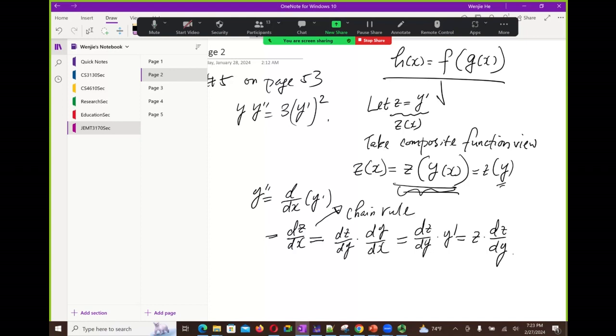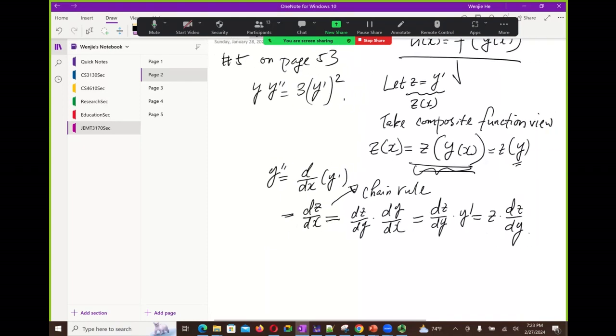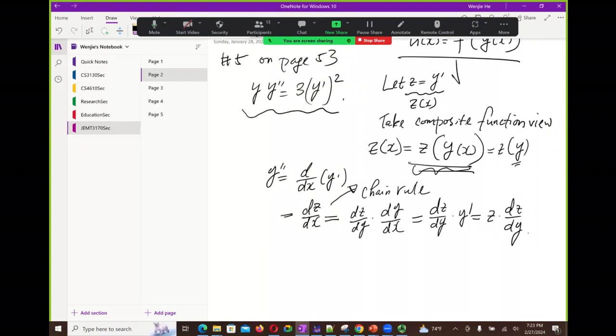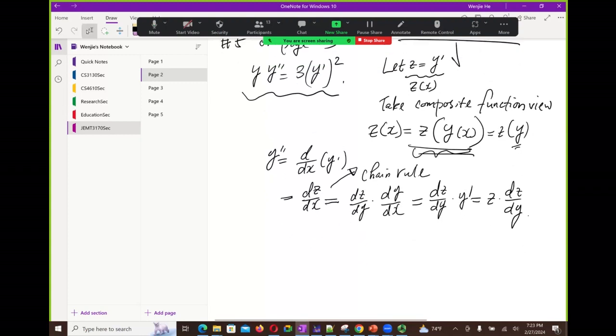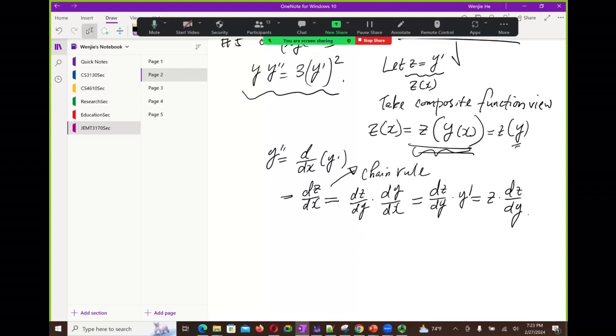Let's go back to the original equation. So what's that? Y times y prime, where y prime is z, so y times z dz over dy equals 3z squared.